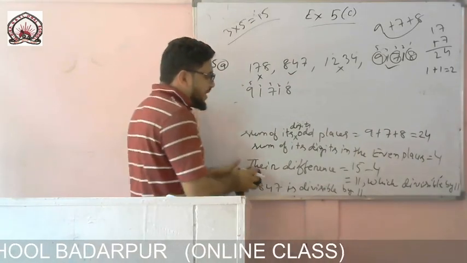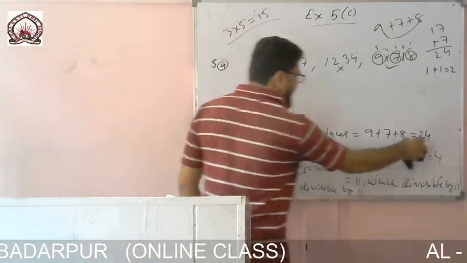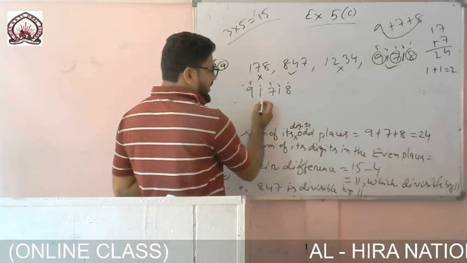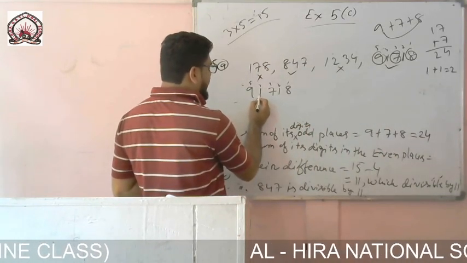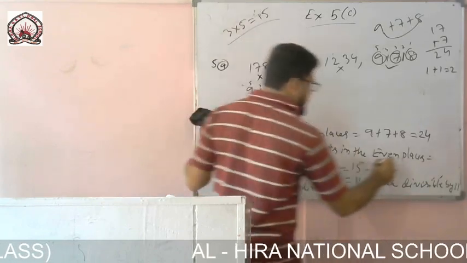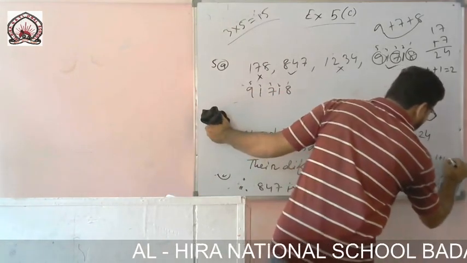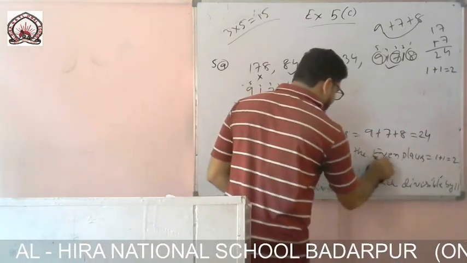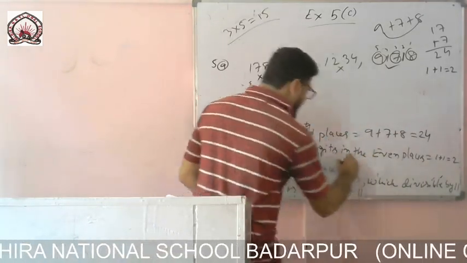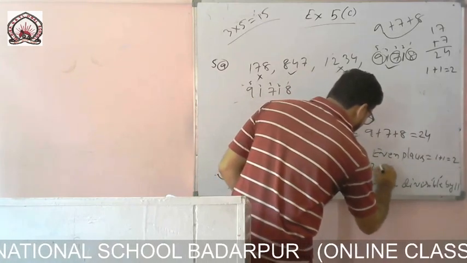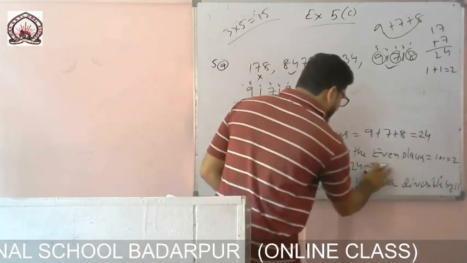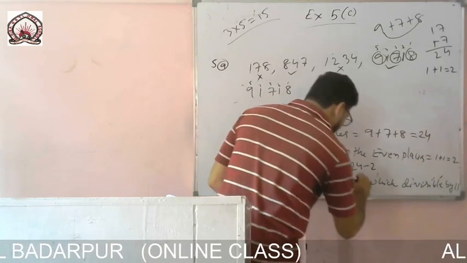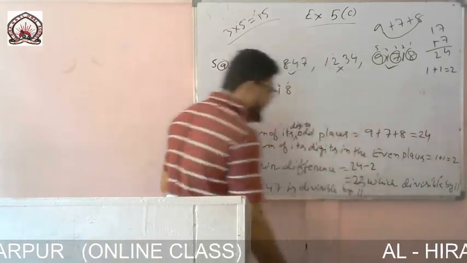Now the sum of the digits in the even places. Even places are 1 and 1, so 1 plus 1 is 2. The difference is 24 minus 2, which is 22.